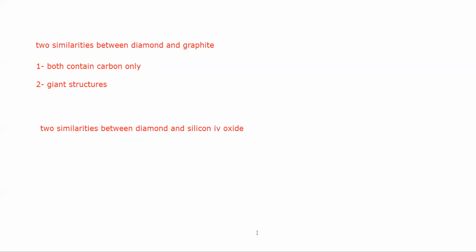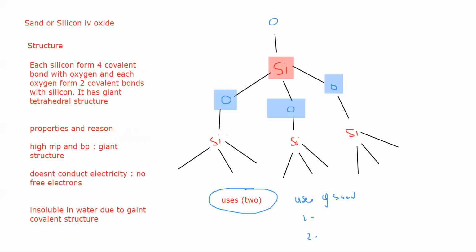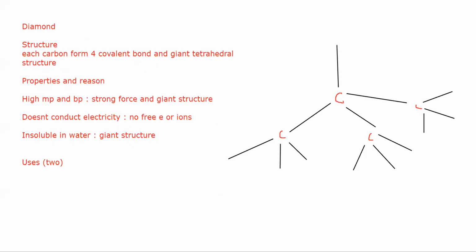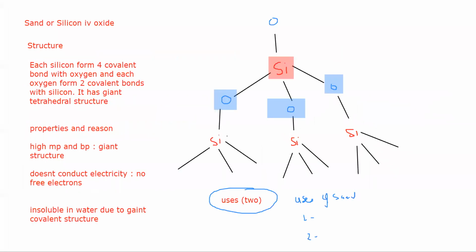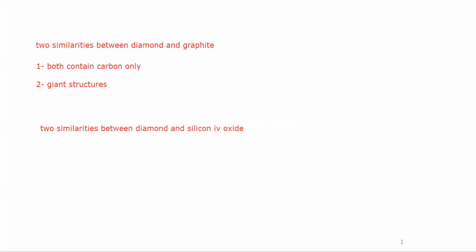Both of them have high melting points. Or you can mention both have giant structures. Both have giant tetrahedral structure, and because of the giant tetrahedral structure, they have high melting and boiling points.